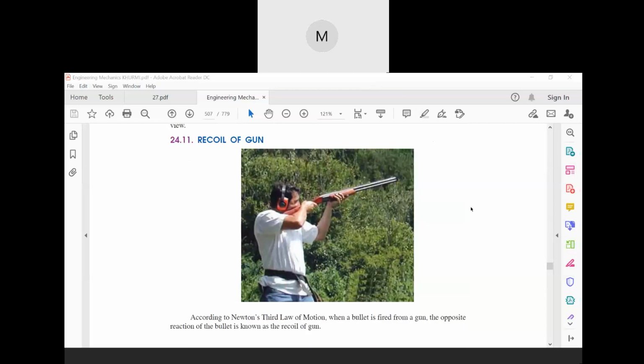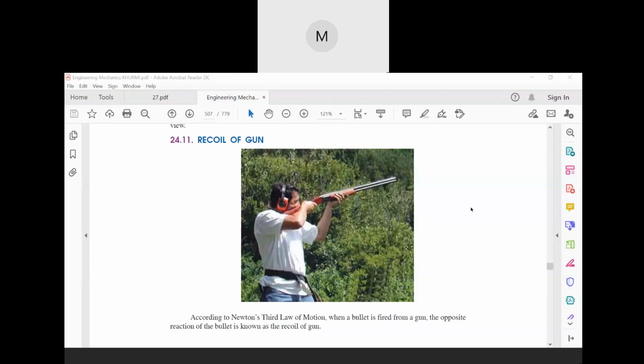Now, suppose you are firing a bullet. You fired a bullet and the bullet goes at a particular speed. Then the gun recoils back, right? If it recoils back, that means it is giving a backward push.